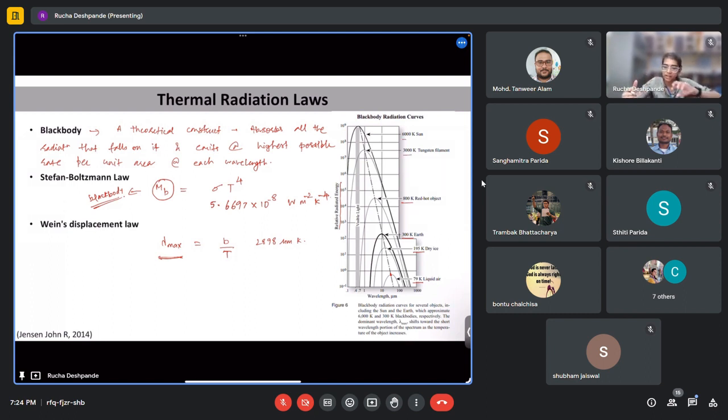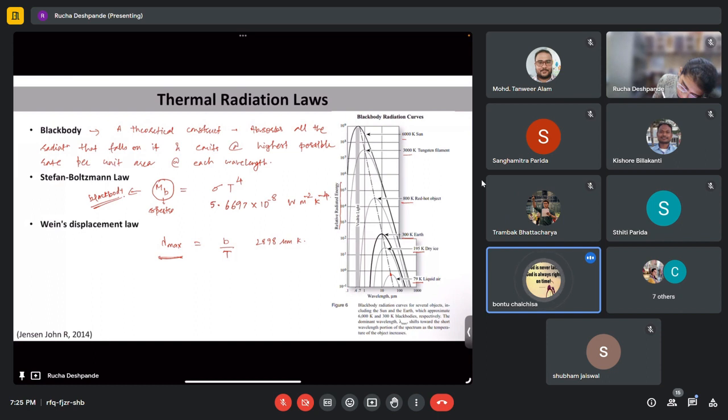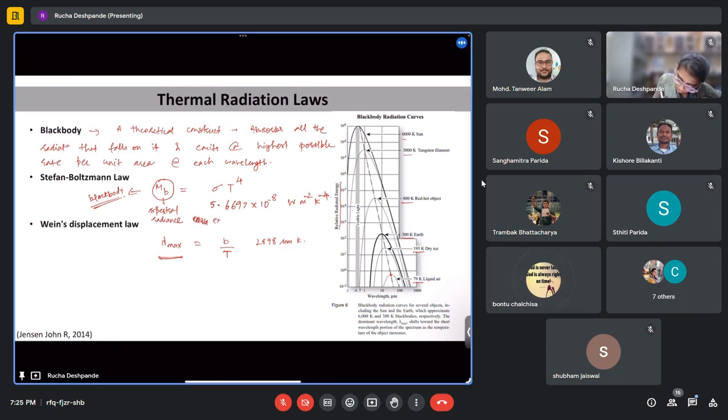We see that at different temperatures, this curve is getting bigger and bigger. The area under this curve is given by M, the spectral radiance exitance. So as temperature increases, the area under the curve increases.